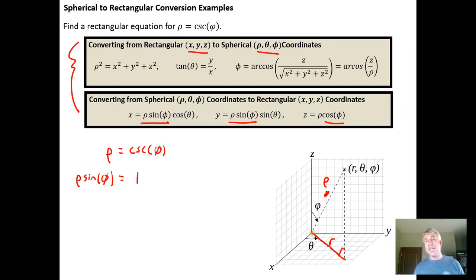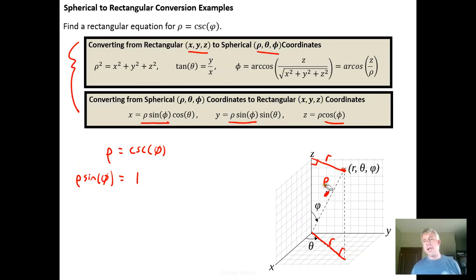One of the things that we did is we took this line segment here and we lifted it up and said, there's a corresponding line segment up here that goes out to our point, and this distance is r. So we formed a rectangle where rho is the diagonal of that rectangle. And this is a right angle right here.